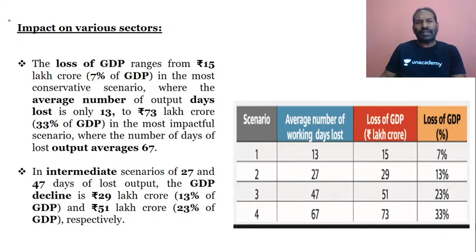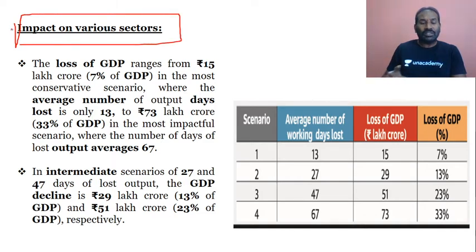Now we will look at the impact of COVID-19 on various sectors. We are coming out of the IO model, that is, the input output model. Please come out of that IO model, and now we will look at the impact of COVID-19, or the pandemic, on various sectors in India.